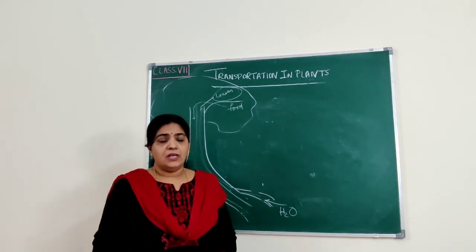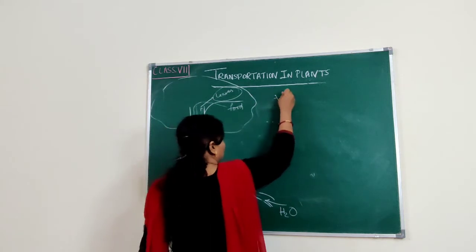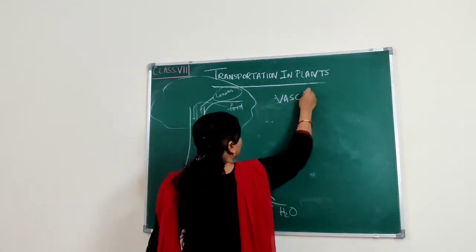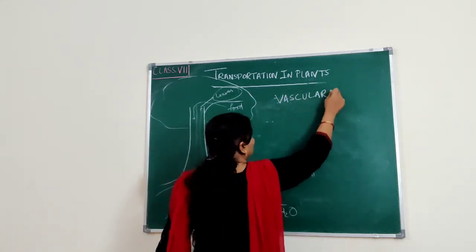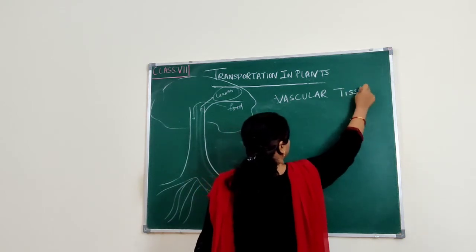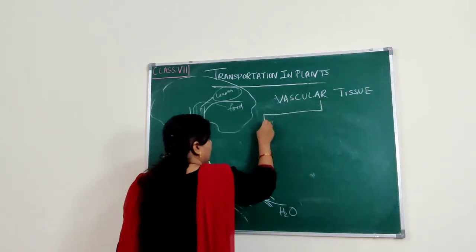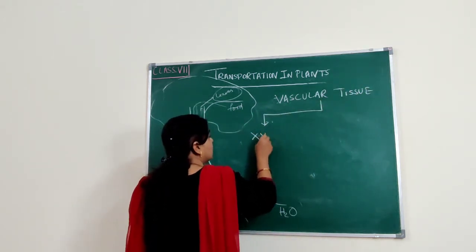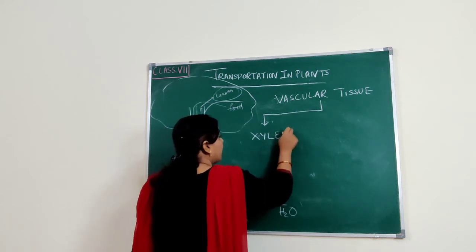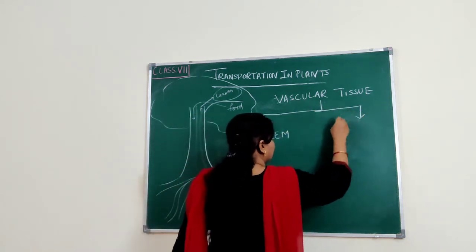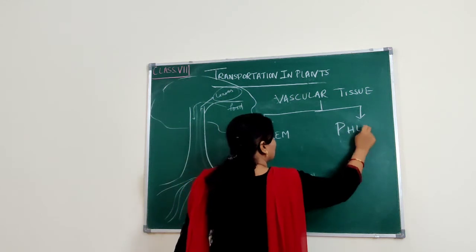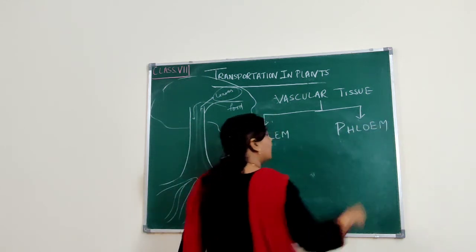and mineral salts. When we talk about vascular tissue, we have 2 types. That is, plants have 2 types of vascular tissue. One is called xylem. The other one is called phloem.